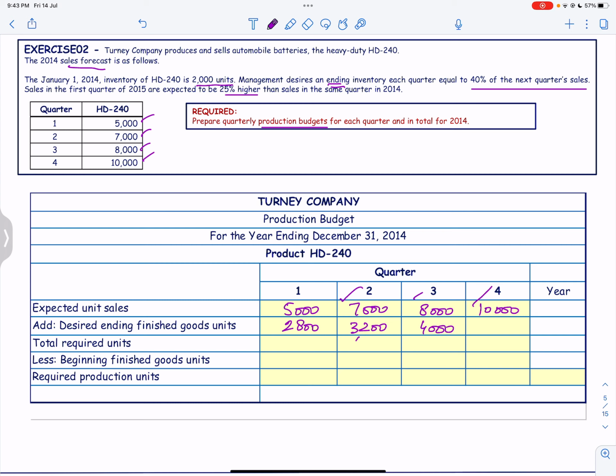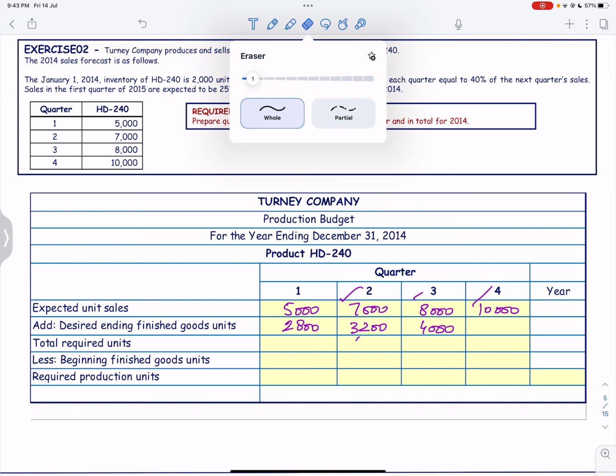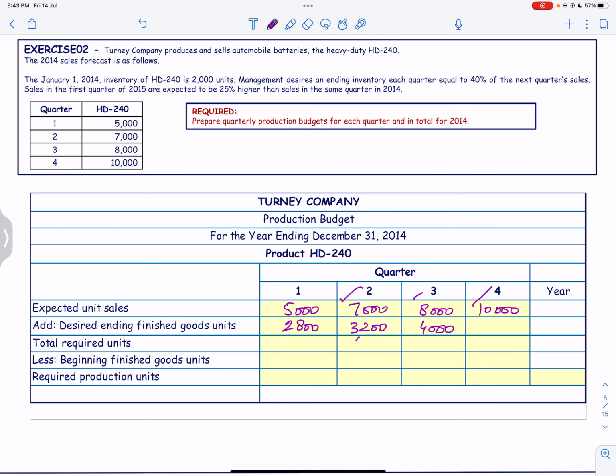Now for the fourth quarter, you can see that the sales in the first quarter of 2015 are expected to be 25% higher than in the same quarter in 2014. Now in the first quarter, we have the sales of 5,000, and it is going to be 25% higher.